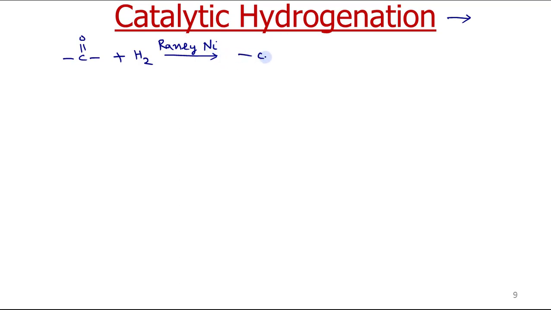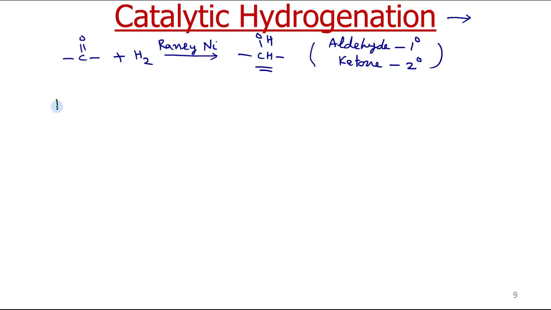It gives you CH OH, the product is alcohol. So if it is an aldehyde, the product will be primary alcohol. If it is a ketone, the product will be secondary alcohol. The product is the same.